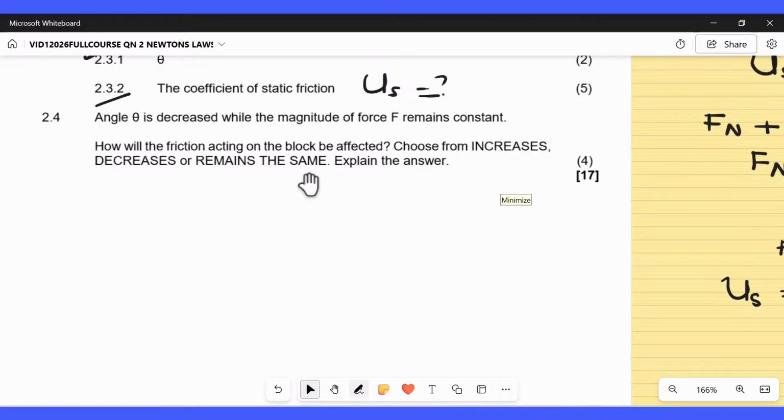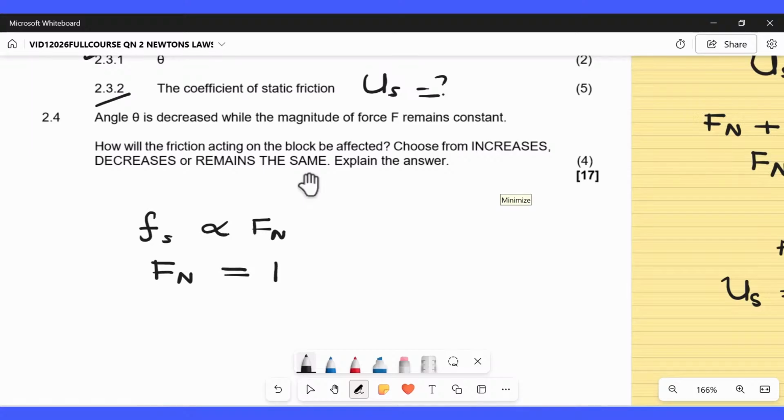Now, when our theta decreases, what happens? Our Fg is still mg, and then our theta decreases.